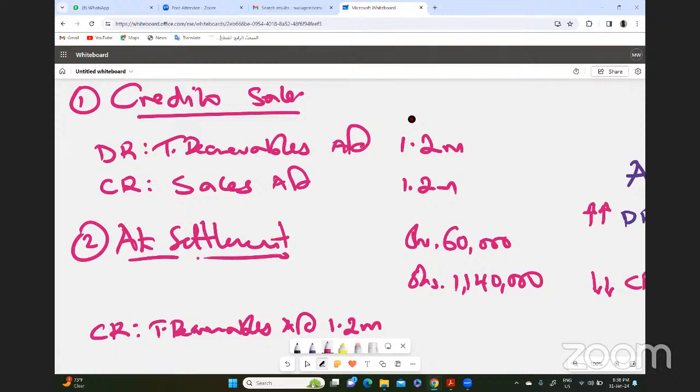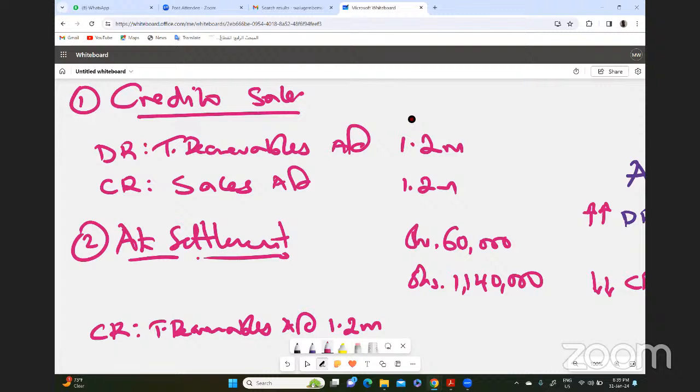Now, the question is, as a result of derecognition, we are receiving money. How much are we actually receiving? We are receiving 1,140 in our bank. So as we are derecognizing one asset, we are recognizing another, and that is bank.